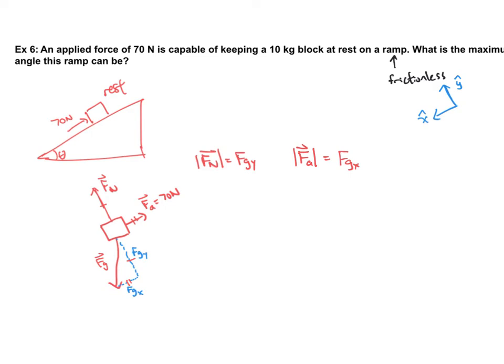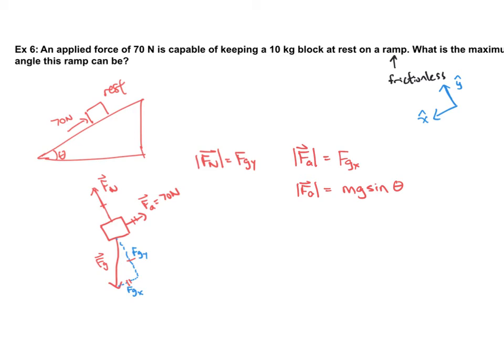All right, the applied force is 70. I'll fill that in a bit later. I'll just keep it as applied force for now. The X component of gravity is mg sine theta. The components of gravity, we really want to get used to the two formulas. It's mg sine theta for the X component, mg cosine theta for the Y component.